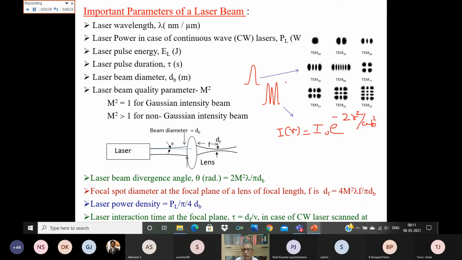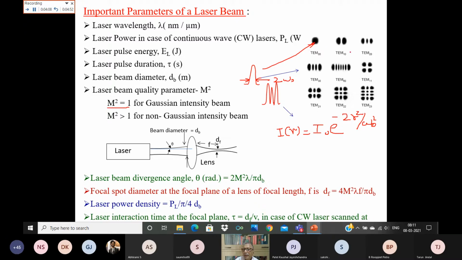This arrow has got misplaced, so it is the intensity distribution of this. So this is the intensity distribution for which we say the beam quality is the best, and here the M square value is 1.